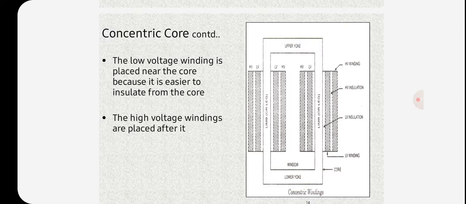Since the low voltage winding is easier to insulate, it is first wound near and over the core, and then high voltage winding is wound over the low voltage winding. For improving the cooling of the winding layers, cooling ducts are provided between two windings. This type of winding is mostly commonly used in core type transformers.